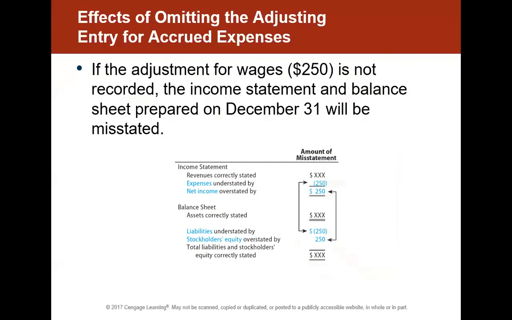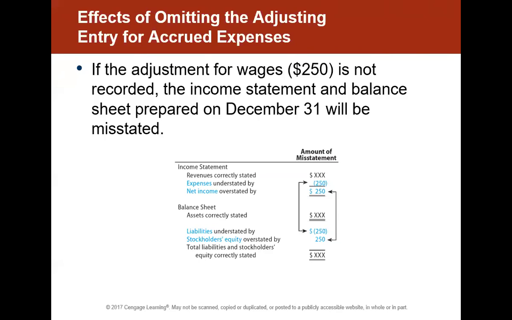Again, we won't go into this too much, but if we don't recognize that expense, our net income is overstated. So we're showing more profit than what we actually earned in the period. Our liabilities are understated, which causes our equity to be overstated. So both income and equity are overstated. Then our investors and everything think we made more.